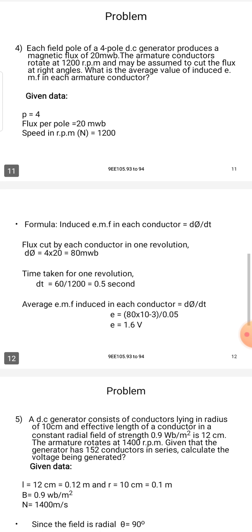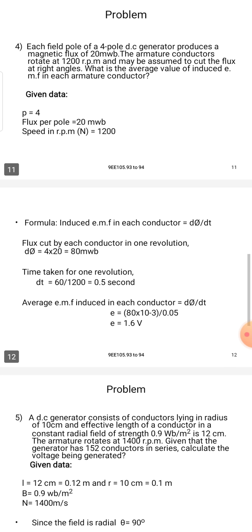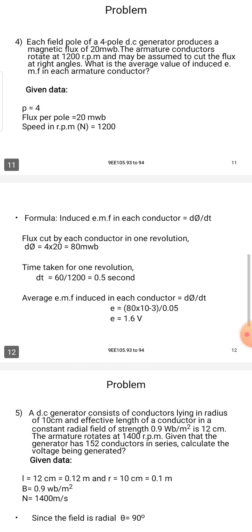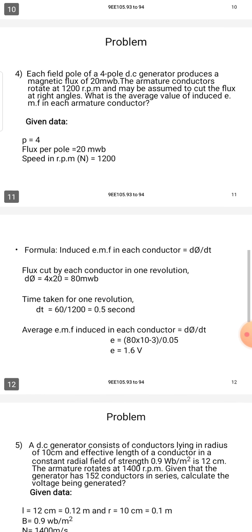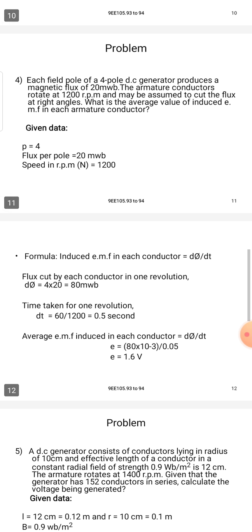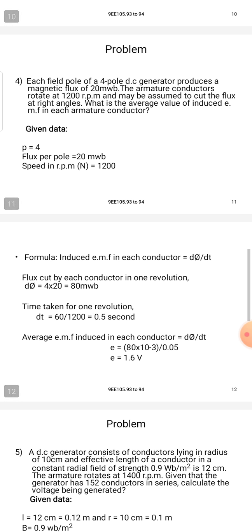You find the average value of the induced EMF in the armature conductor. Write the given data: the number of poles is represented by letter P, that is 4.